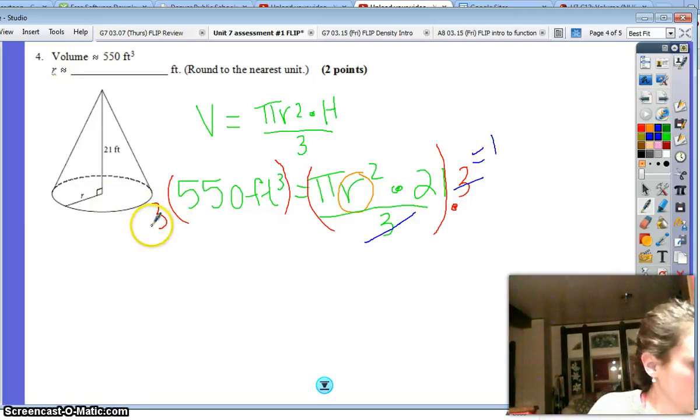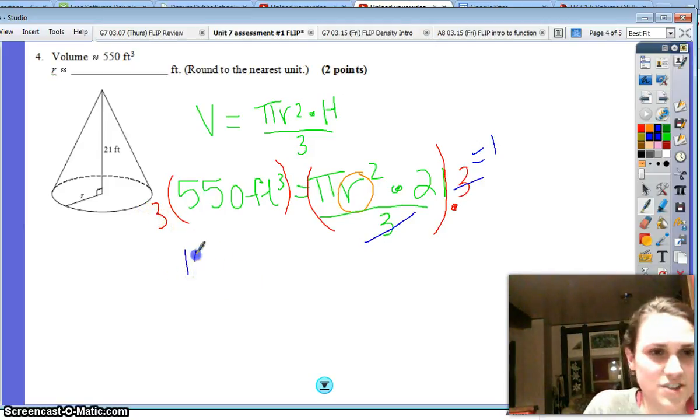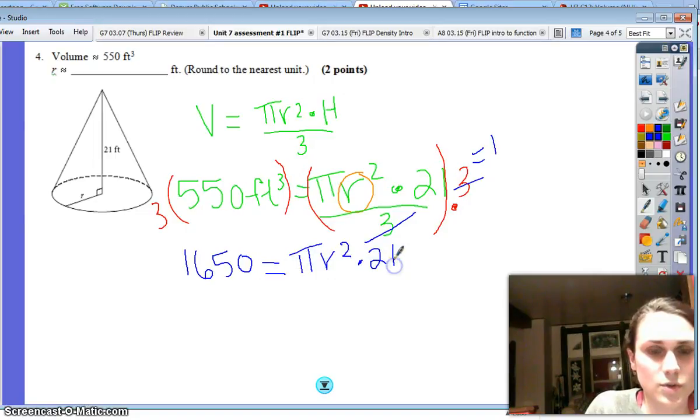Then we're going to simplify our values. So on the left-hand side, I just had to cheat and use my calculator, 1,650 feet cubed equals what was left in the numerator here. So pi times r squared times 21. So you could, at this point, again, look for all of the numeric values, so parts that aren't variables or unknowns on this side.